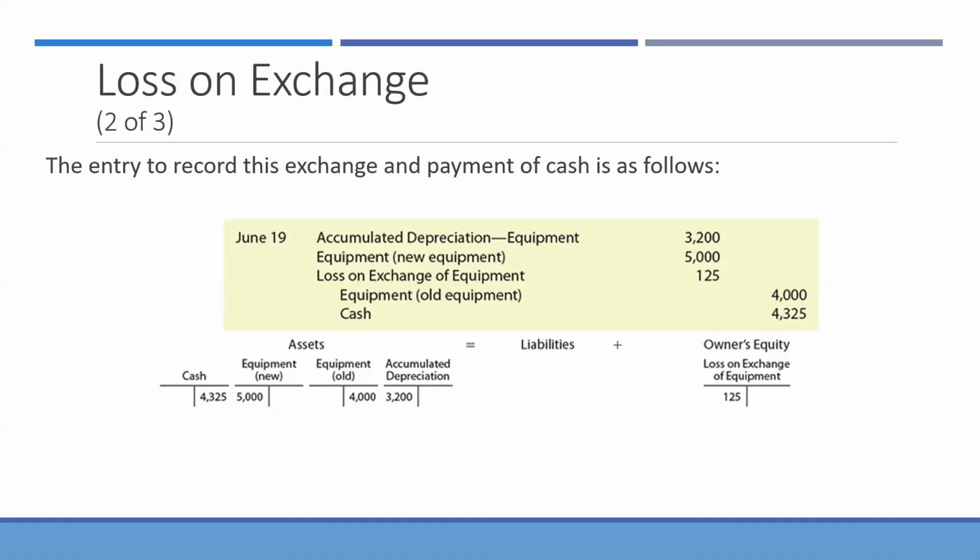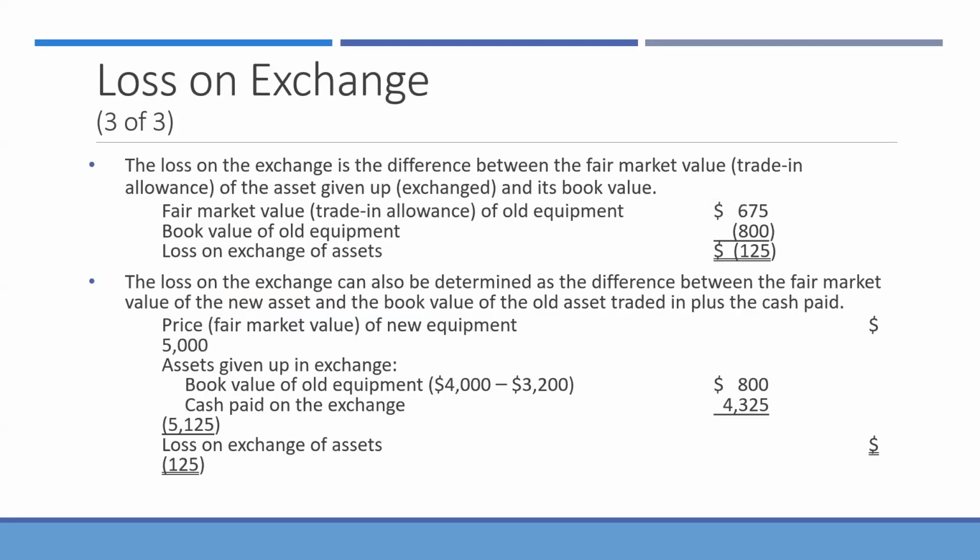And that's our book value initially was 800. 800 minus the trade-in allowance of 675. That's a $125 loss. And a loss on the exchange is a difference between the fair market value and the trade-in. So our loss was $125.